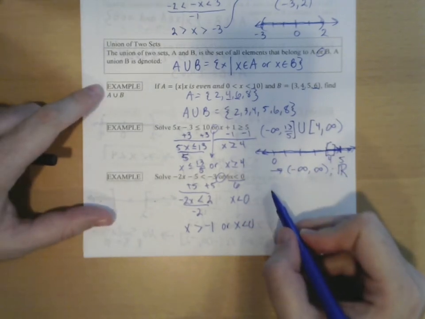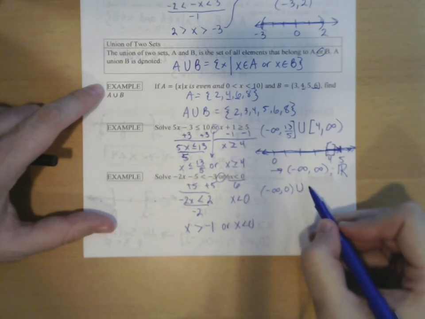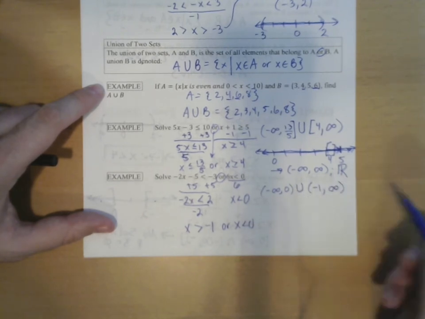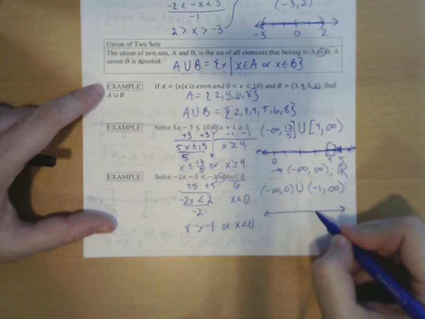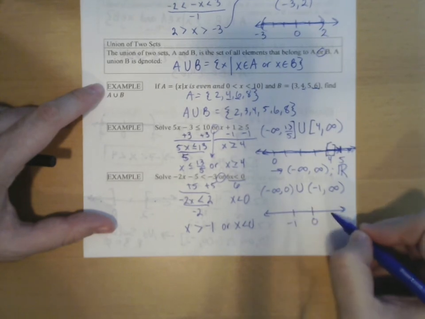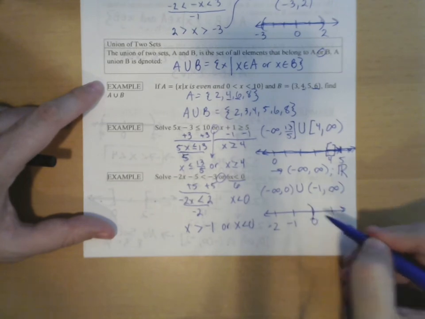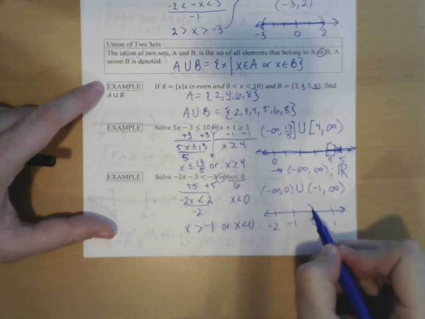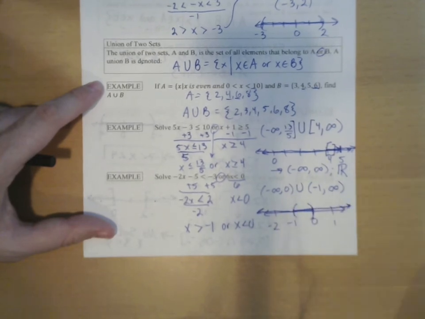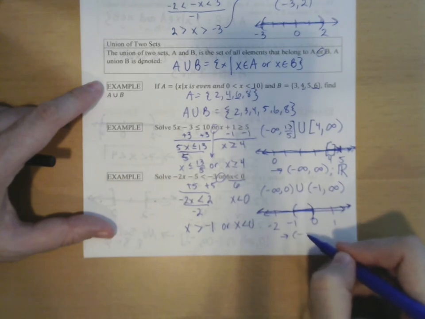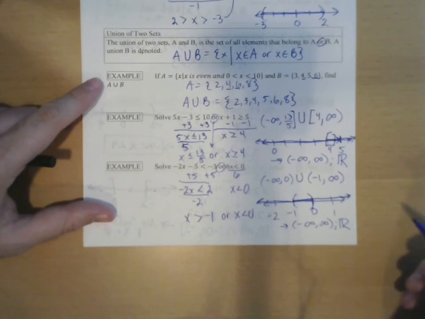So as intervals, this is negative infinity up to 0 with parentheses, union, negative 1 up to positive infinity. And on the number line, we put our 0 here, negative 1 here. We can put 1 just for fun. We put our symbol here and go left. We put our symbol here and go right. So we can see that this is, once again, negative infinity to infinity, or all real numbers represented by this weird looking R symbol.